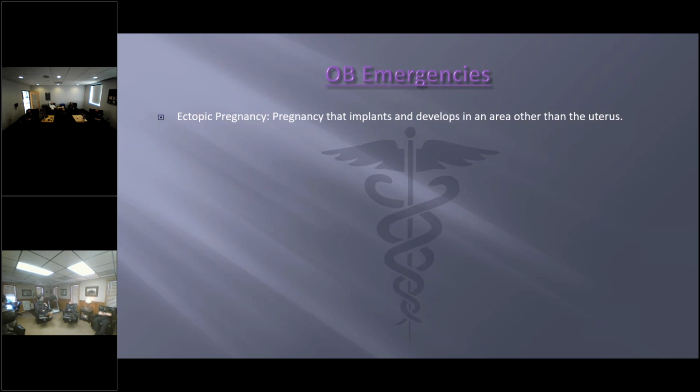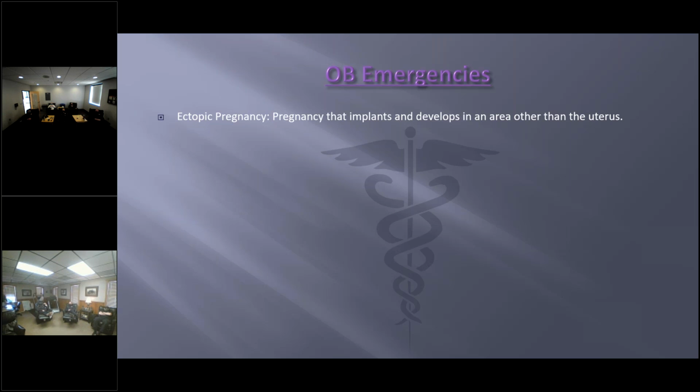So with OB emergencies, a couple of different ones. First, ectopic pregnancy, where that implanted egg gets implanted somewhere other than the uterus. Major concern is if it gets implanted in the fallopian tubes, there can be some pretty negative ramifications.